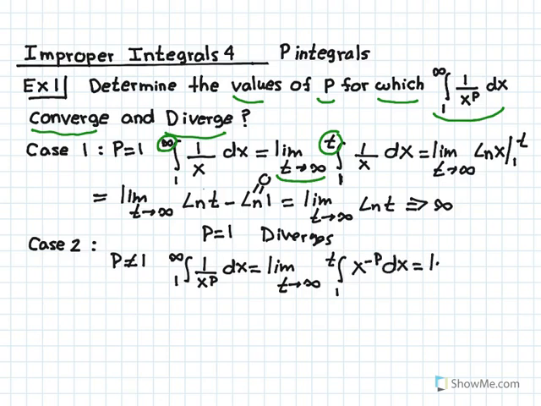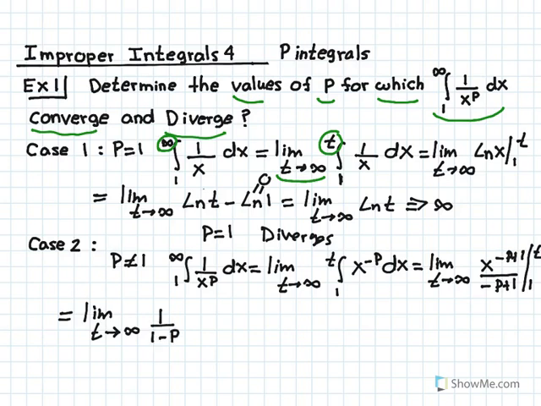Now apply the reverse of the power rule. We get the limit as t goes to infinity of x to the minus p plus 1, and divide by the same, minus p plus 1, evaluated from 1 to t. Let's apply the fundamental theorem of calculus. We get the limit as t goes to infinity of 1 over 1 minus p.